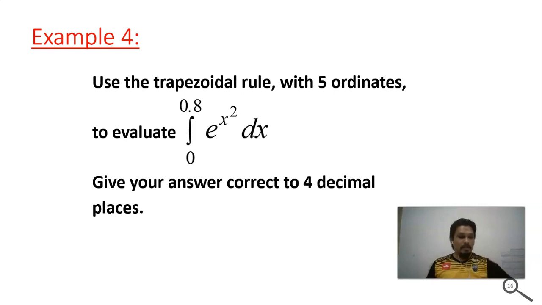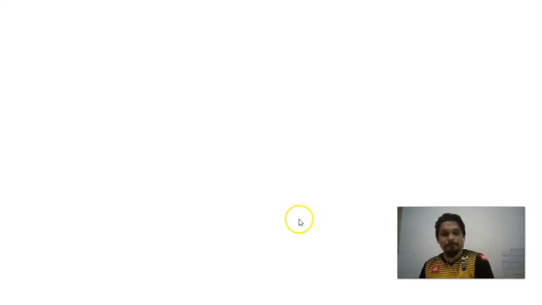Okay. I think that is the last final example for this lecture. So now, the integral of e to the power of x squared dx. This is one of the examples of a function that cannot be easily integrated using the simple method.